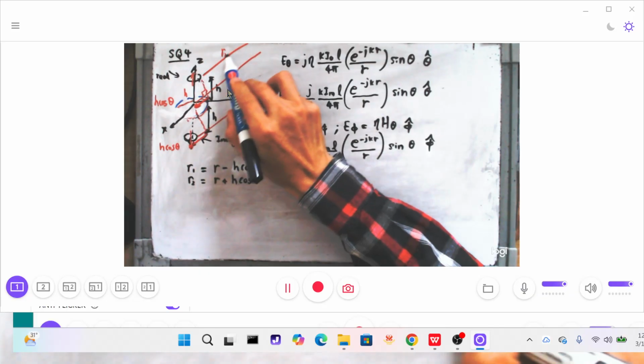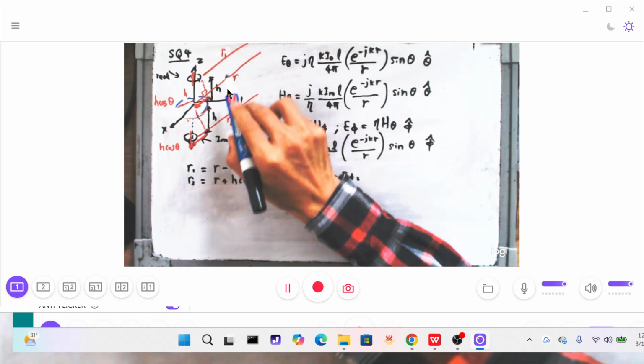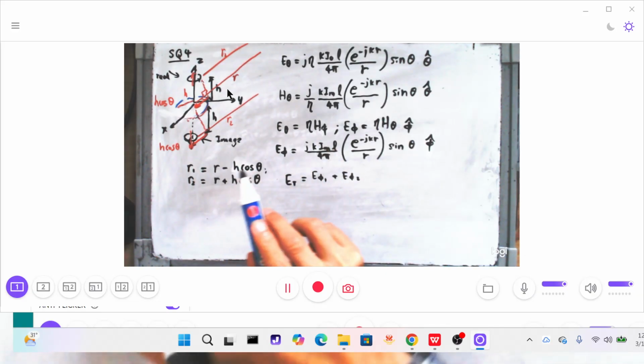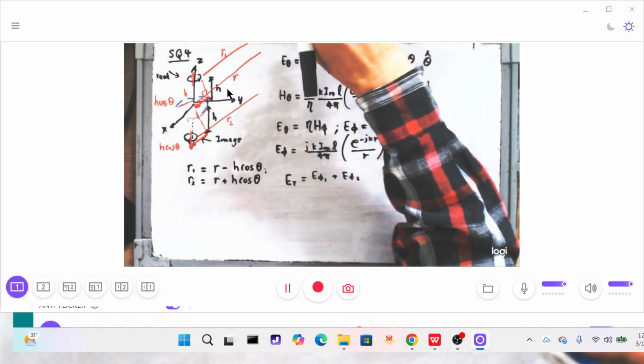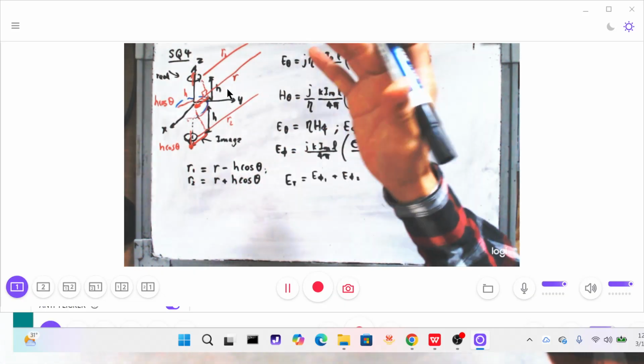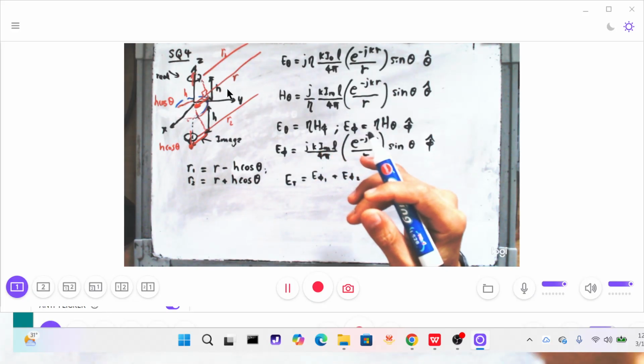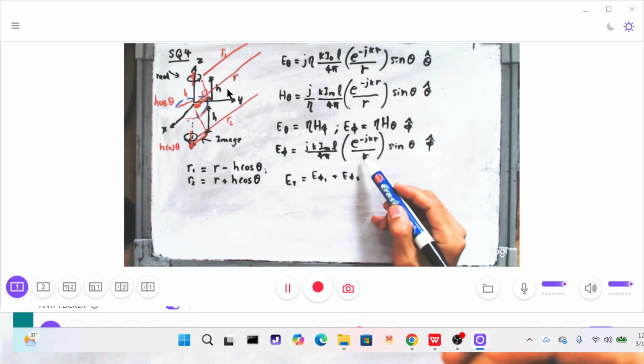This means the electric field going through this pathway and the electric field going through this pathway. Now, at the observation point, this is how we calculate the combined electric field. And we are going to use this equation.